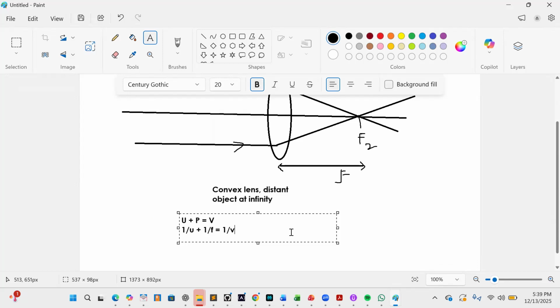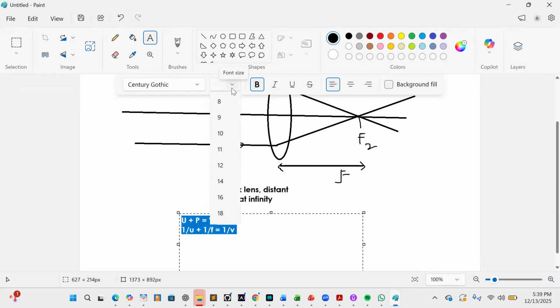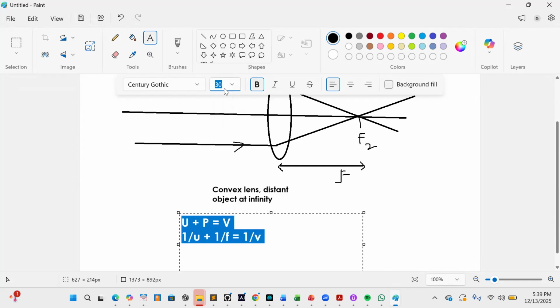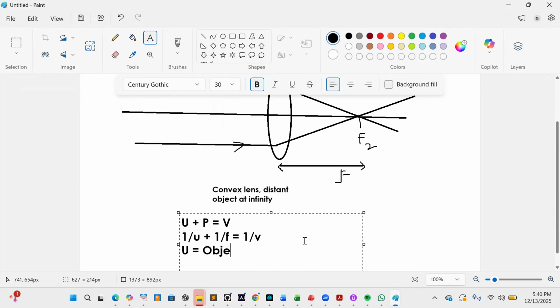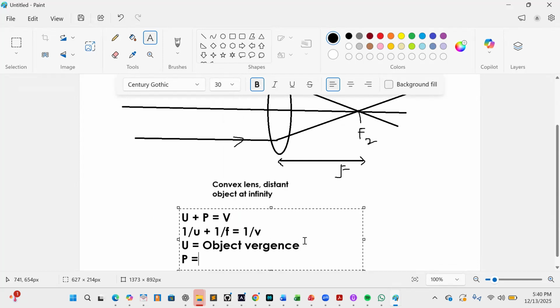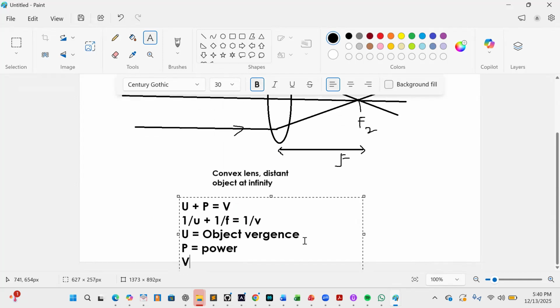So let me just write this in. Again, the U is equal to the object vergence. Just to take notes, it's not a common thing actually. P equals the power of the lens, and V is equal to the image vergence.